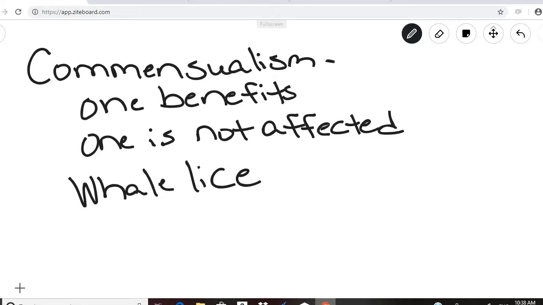So there is a question of whether that provides some protection for the whale, but for the most part, it's viewed as commensalism, where the lice benefit, and it just doesn't have any effect on the whale. So that's an example of commensalism.